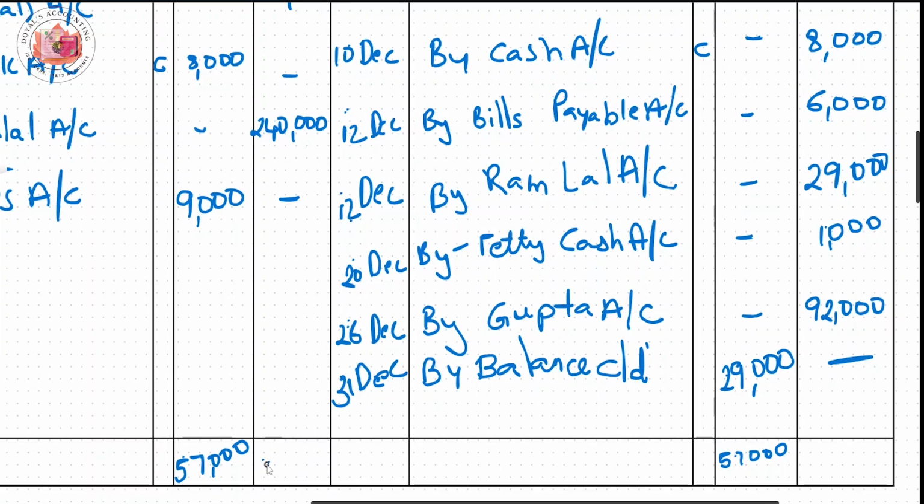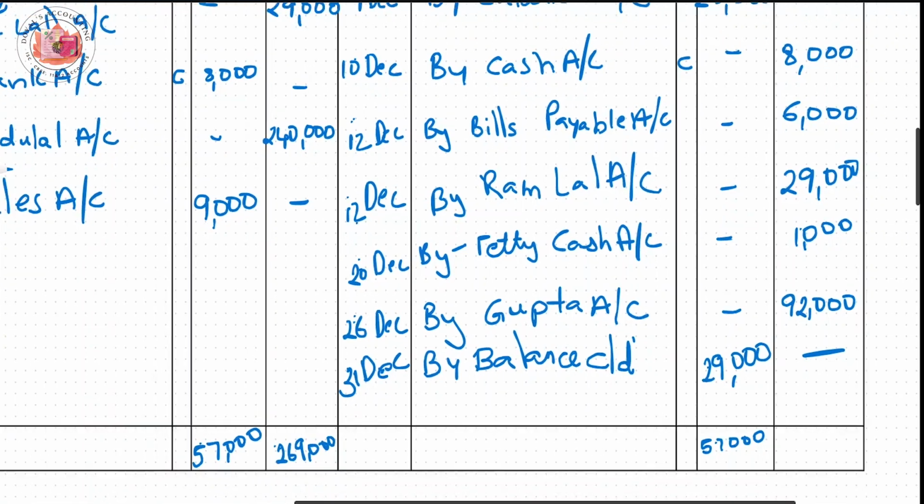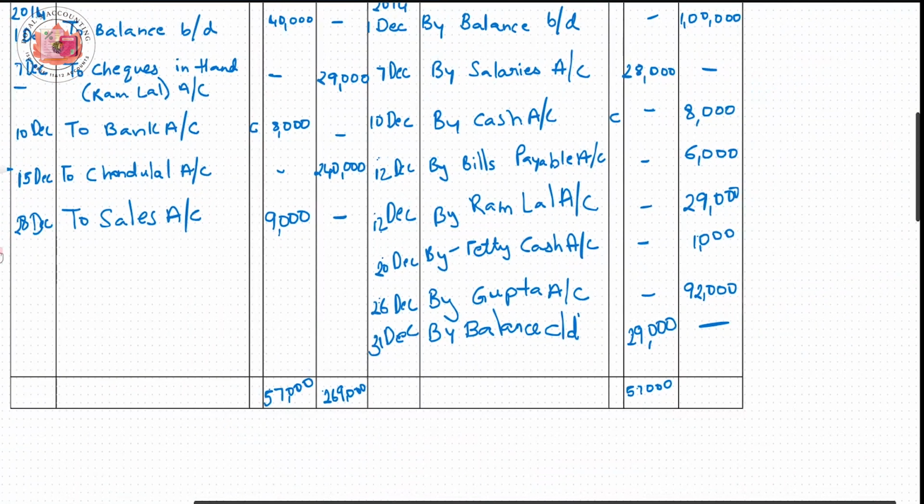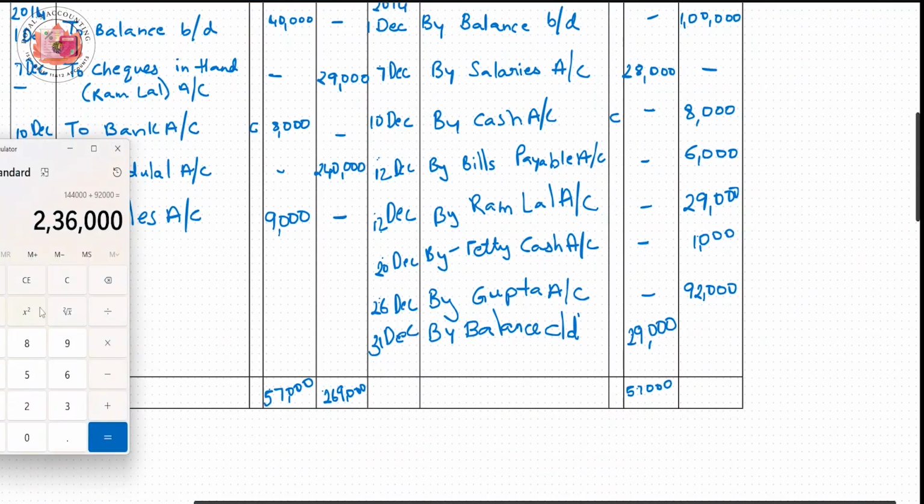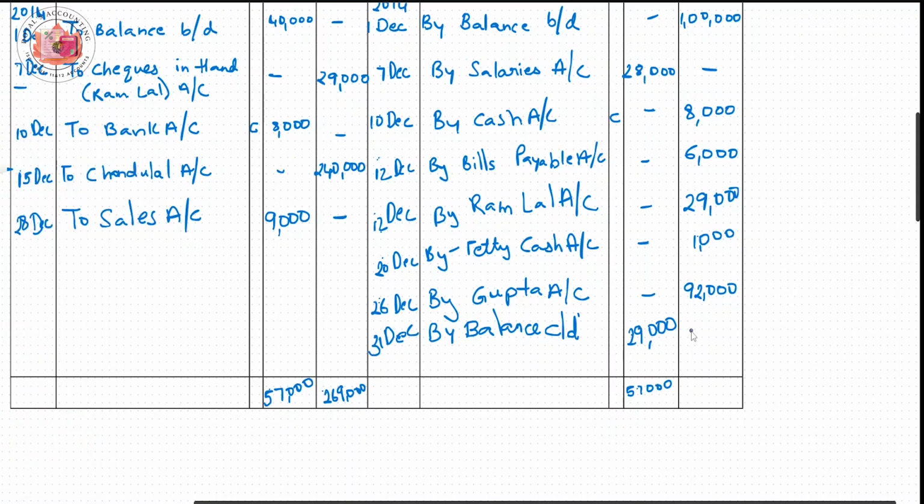So to balance both the accounts, my balance will be on the credit side. And how much will my balance be? 2,69,000 minus 2,39,000, which gives me a balance of 33,000.